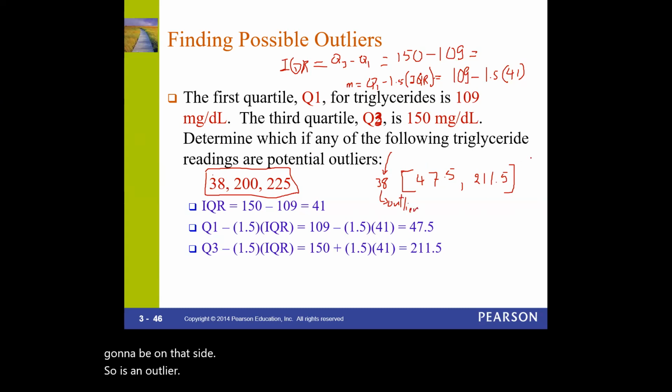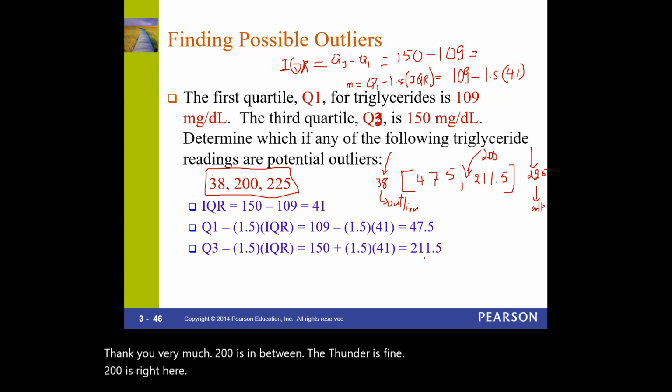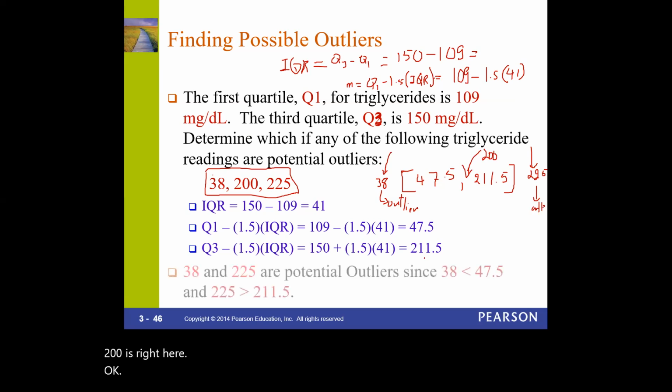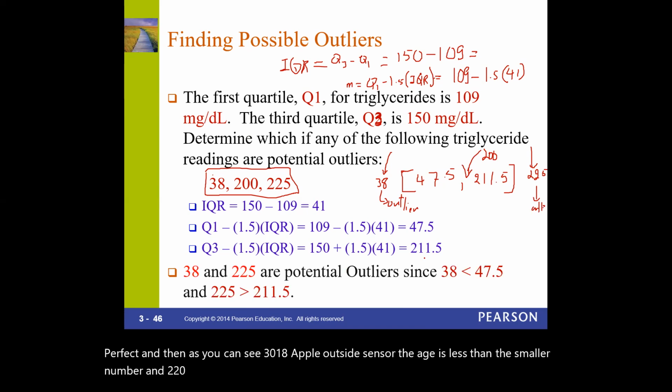And 225 is beyond 211.5, so it's also an outlier. 200 is in between, so 200 is fine. As you can see, 38 and 225 are potential outliers, since 38 is less than the smallest limit, and 225 is bigger than the highest limit.